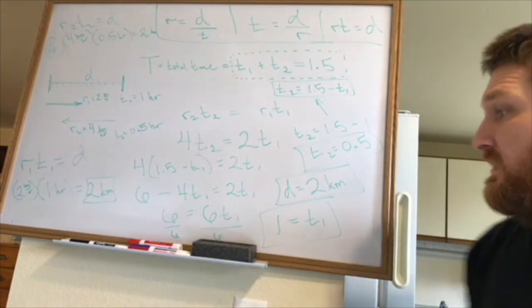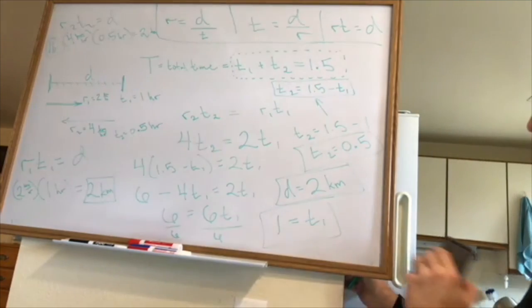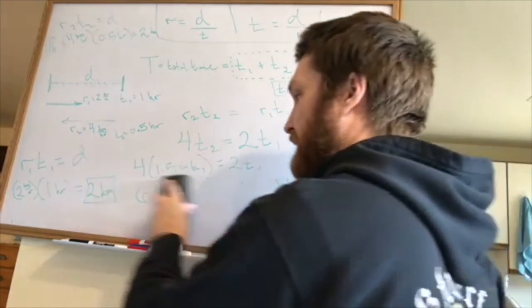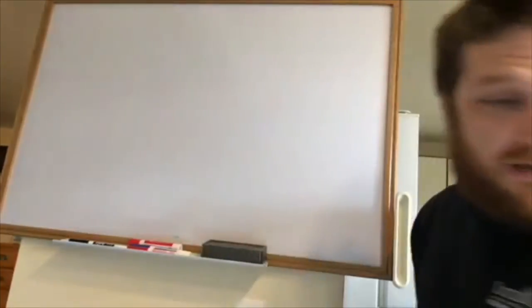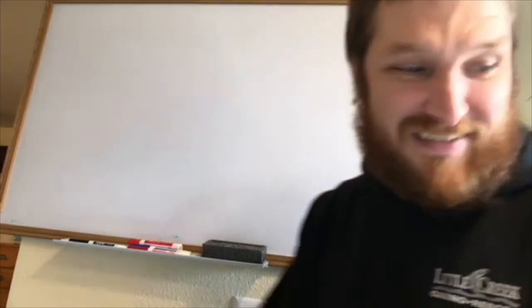So let's write down your homework. I'm going to go ahead and erase this stuff. Okay, so we did get to that one. We did not talk about that one. That one is a doozy. So it is going to be homework.